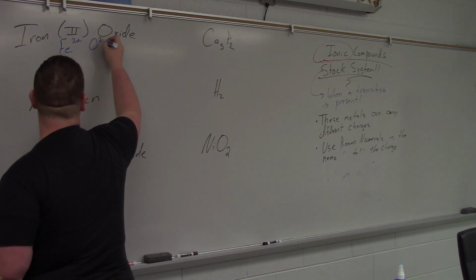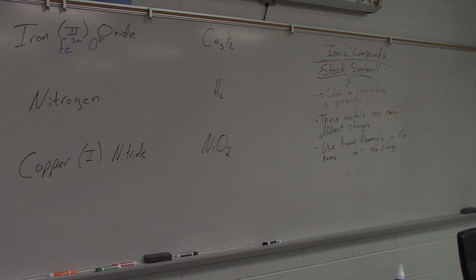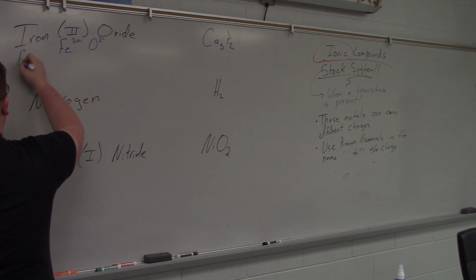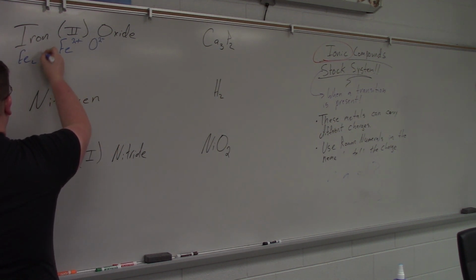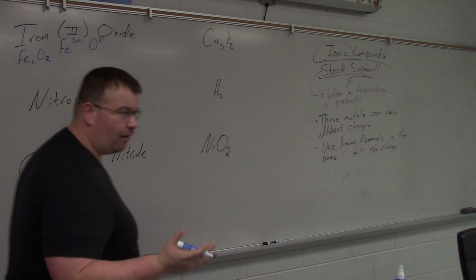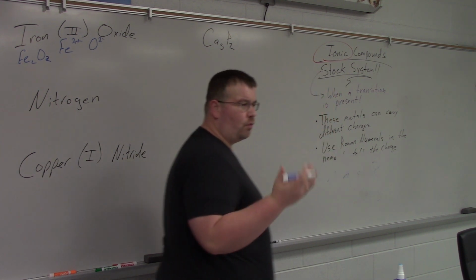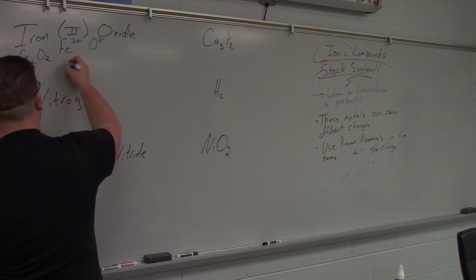Now, when you look at this, there are 2 ways you can do it. You can do the cross method. If you cross, the 2 comes down, the 2 comes down, you have Fe2O2. But you have to simplify it. Or you can just look and say plus 2, negative 2, it's a 1-to-1 ratio, so you end up with FeO.